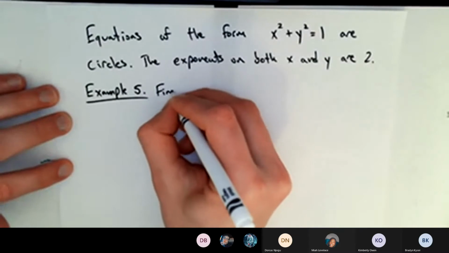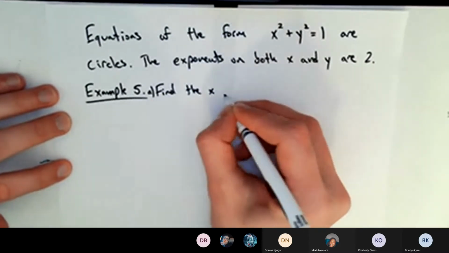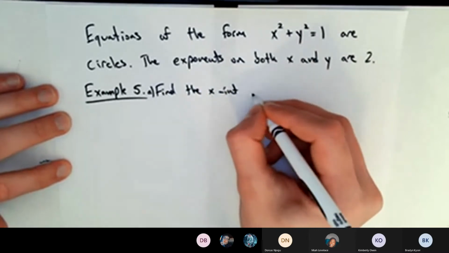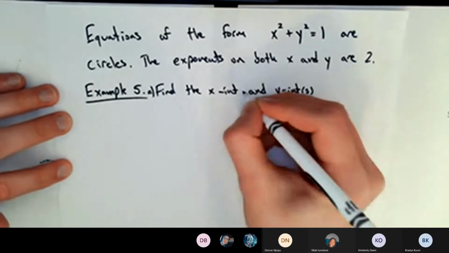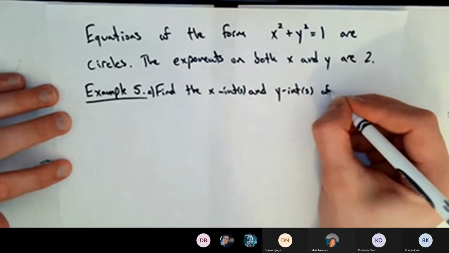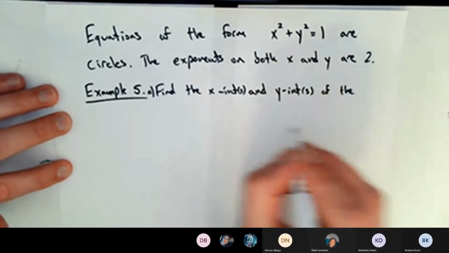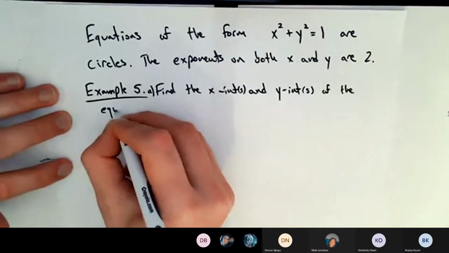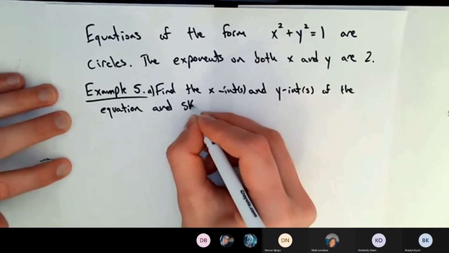So let's say, I'm going to call this part A, find the x-intercepts and y-intercepts of the equation, and sketch a graph.